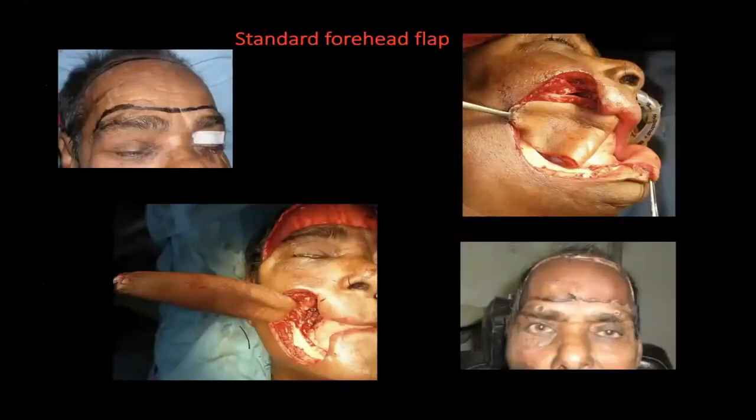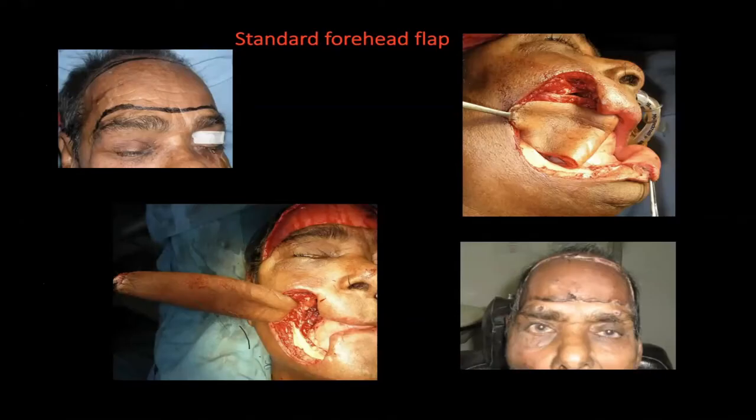Now, the forehead flap is a flap that was used very commonly previously, probably prior to the 90s, and prior to the advent of more robust flaps. The forehead flap is based on the anterior branch of the superficial temporal artery. And it is good because it is hairless, because you start harvesting the flap from just below the hairline, and the distal vascularity of the flap is also good.